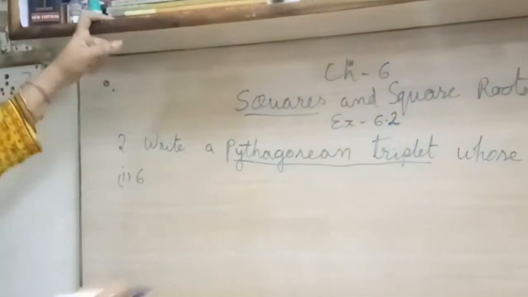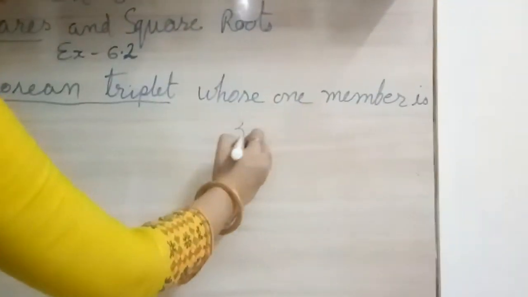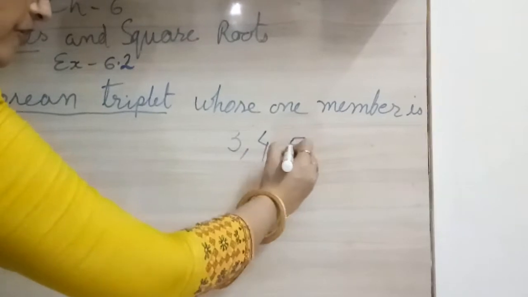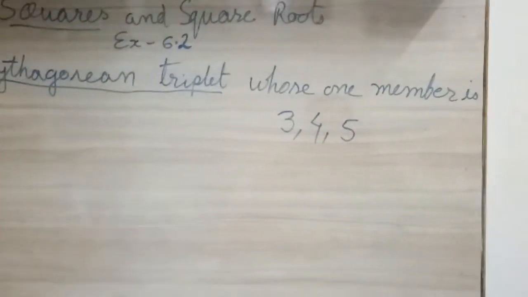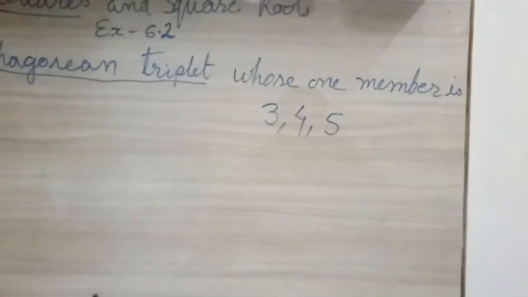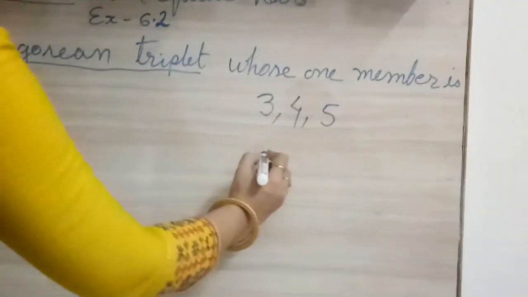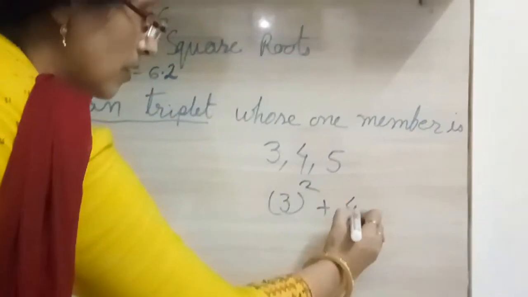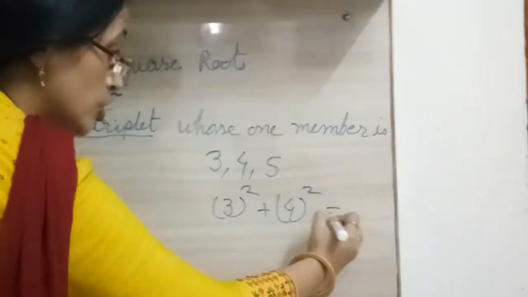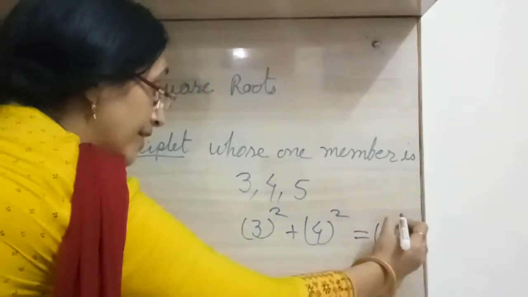I'll give an example. Suppose I take three numbers 3, 4 and 5. I have taken three numbers and if I ask कि क्या ये तीनों Pythagorean triplet बनाते हैं? Do they make a Pythagorean triplet? So what we have to do? We have to check whether 3 square plus 4 square is equal to 5 square.